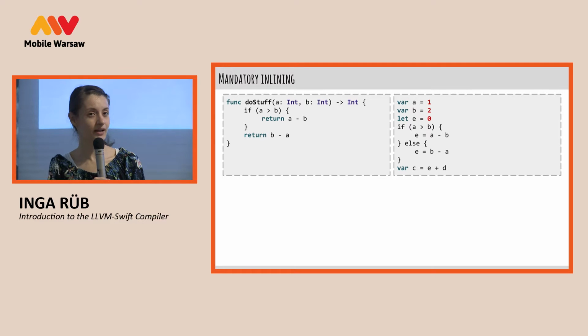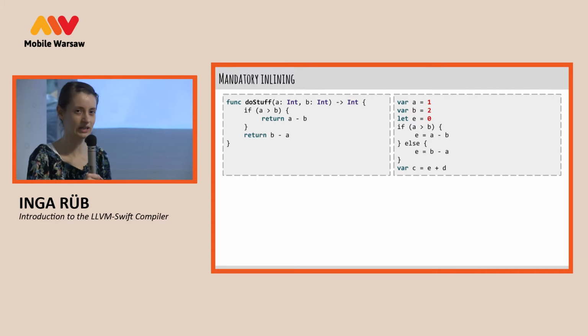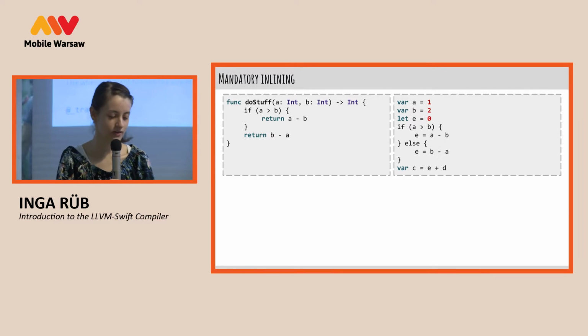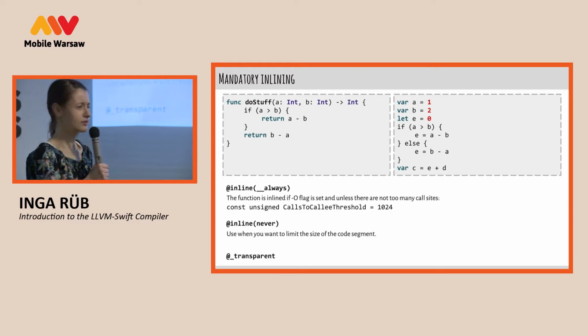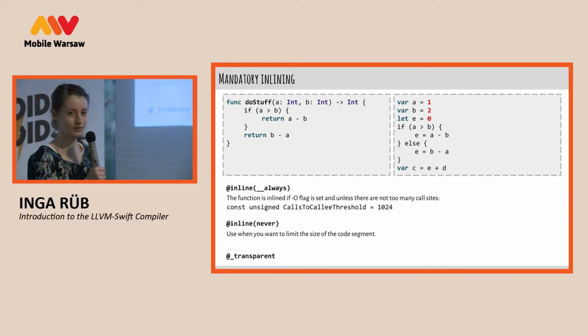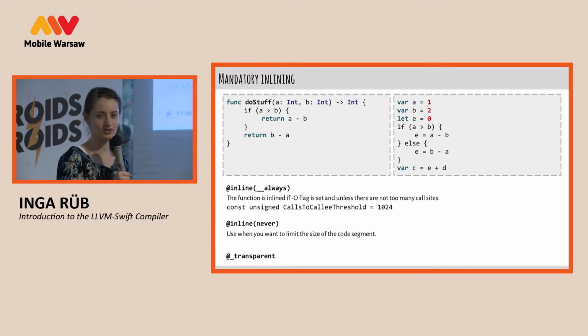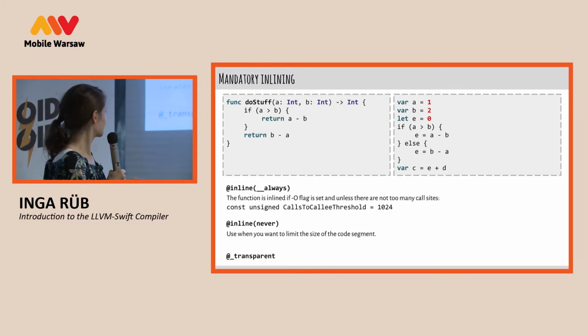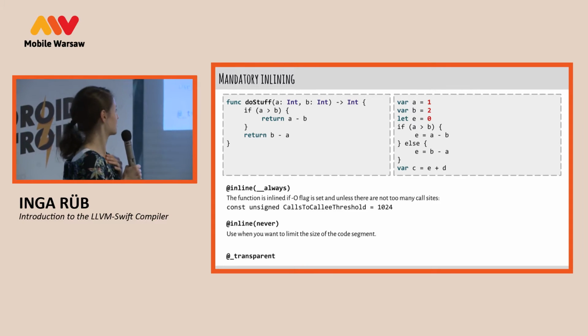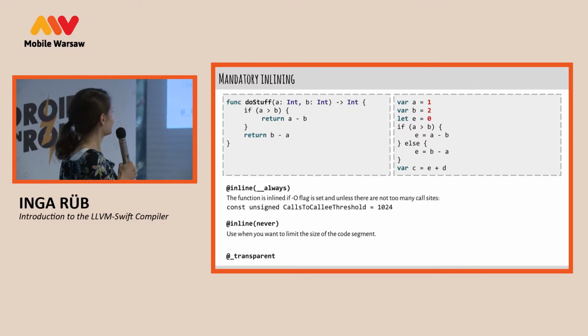And you can tell the compiler if you want it to inline some functions or not. You have some keywords, you probably know all of them, or maybe you haven't heard about transparent. Have you heard about transparent keyword? Anyone? Okay, so it's as I thought, it's not too popular.